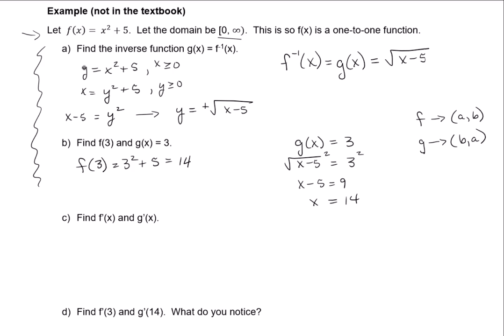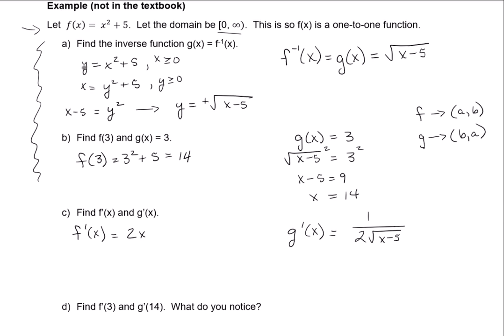So just the first derivative, f prime of x is going to be 2x. g prime of x, which is f inverse prime of x, is going to be 1 over 2 square root of x minus 5. You can take as many steps as it takes to get there, but I'm just telling you this is what we're going to get.